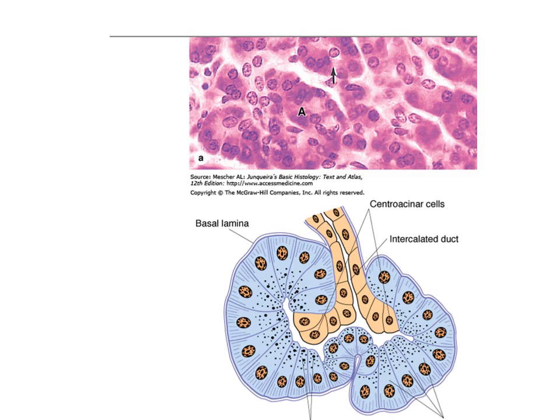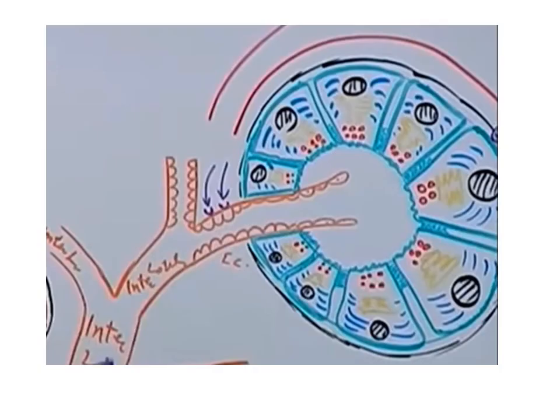So we have cuboidal or columnar cells which merge with the pancreatic acini to form the intercalated duct, and there are cells which are called the centroacinar cells.